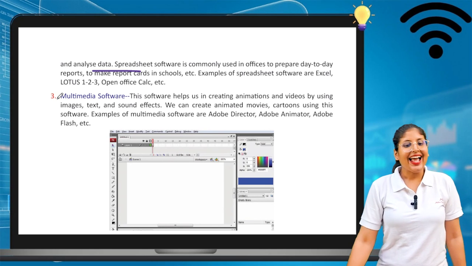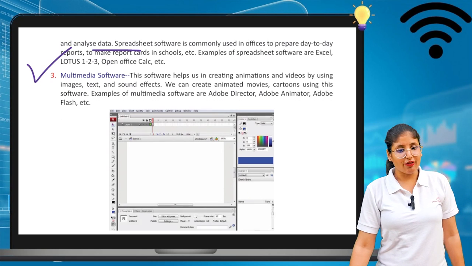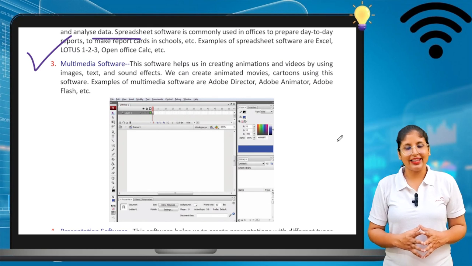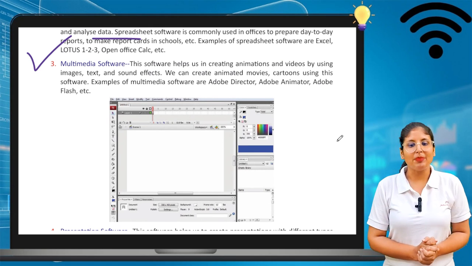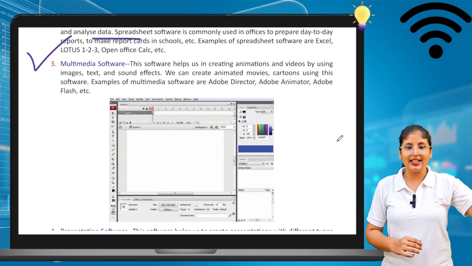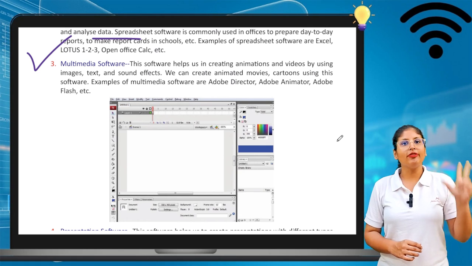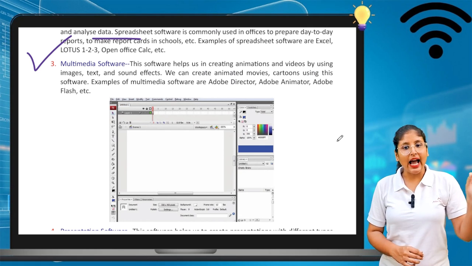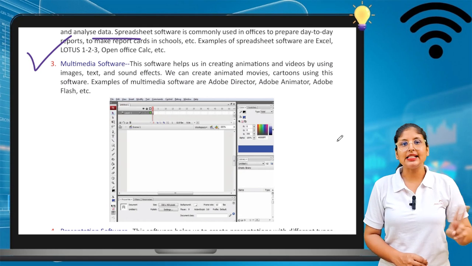Okay. Next is multimedia software. What does multimedia software do? Let's see. This software helps us create animations and videos by using images, text, and sound effects. With the help of multimedia, we can make animations and add sound, text, and images.